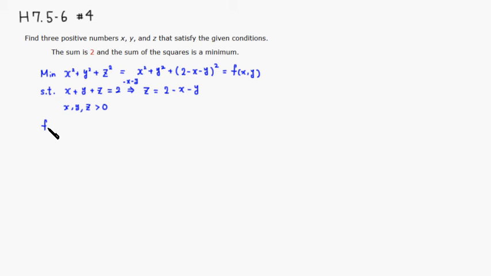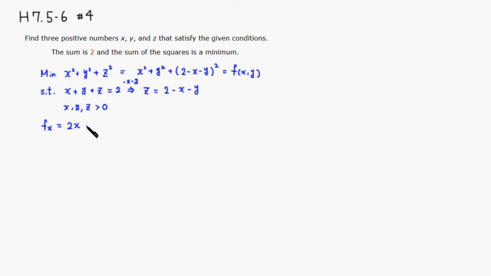The partial with respect to x: the partial of x squared with respect to x would be 2x. The partial of y squared would be 0 since it's a constant.